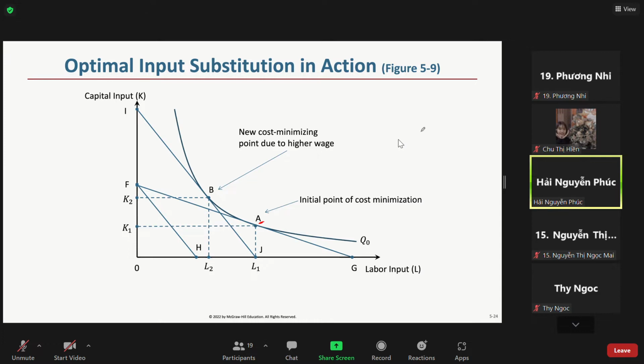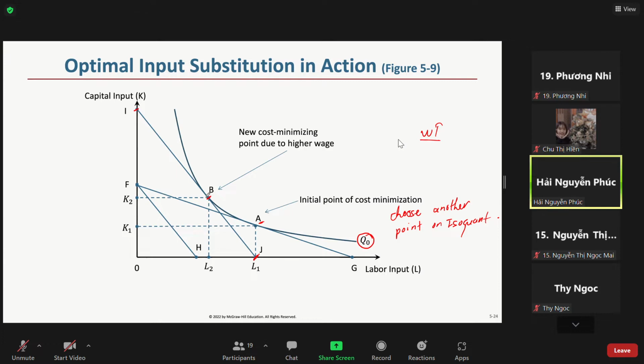Following our rule, in order to maintain the same level of output, we have to choose another point on the isoquant, which is a tangent point with a new isocost line. This is the new isocost line due to the change in the wage rate. It is point B.